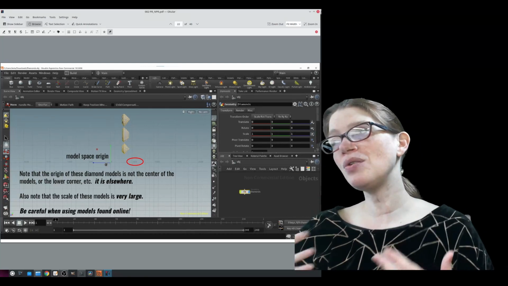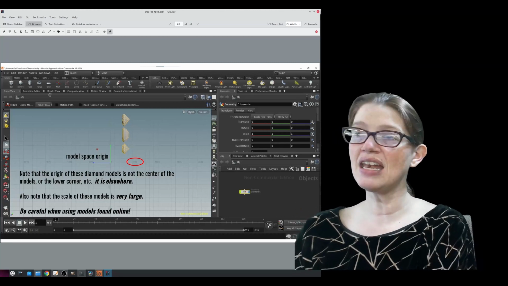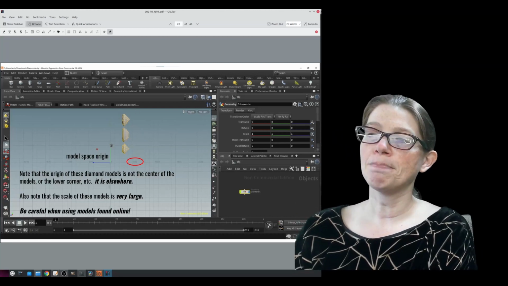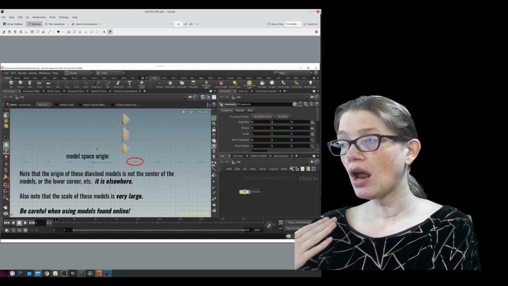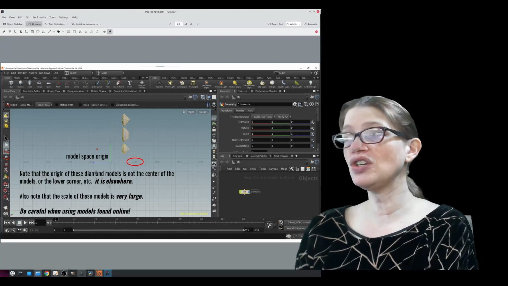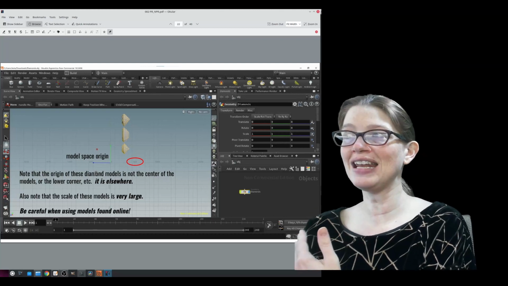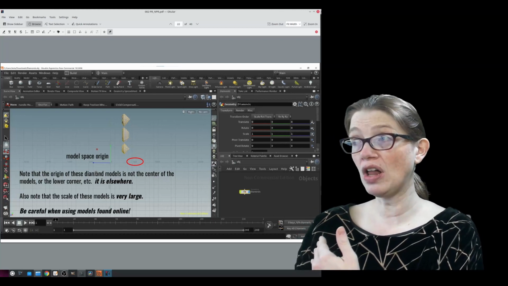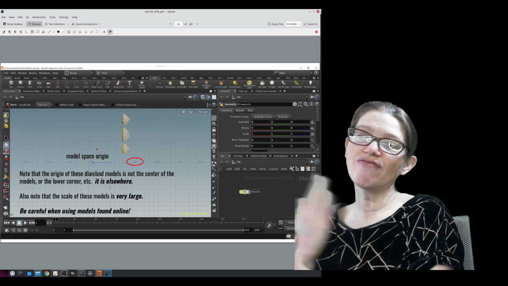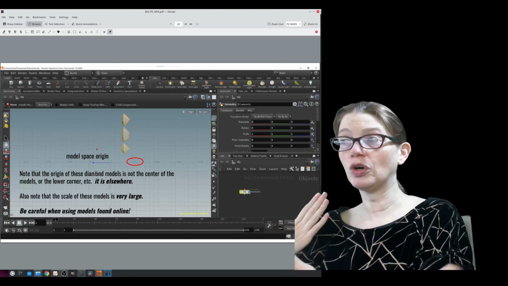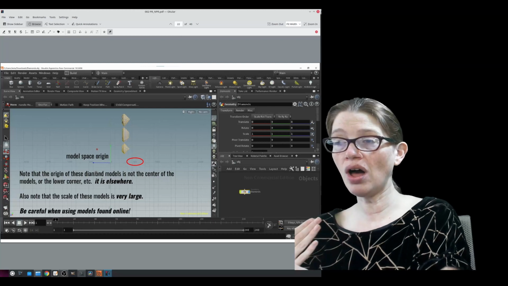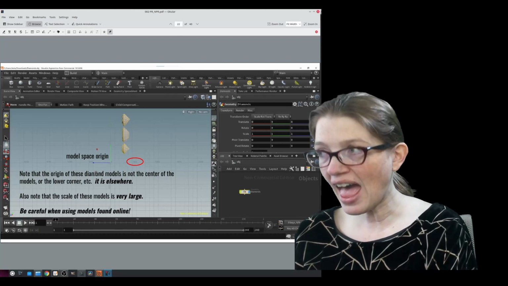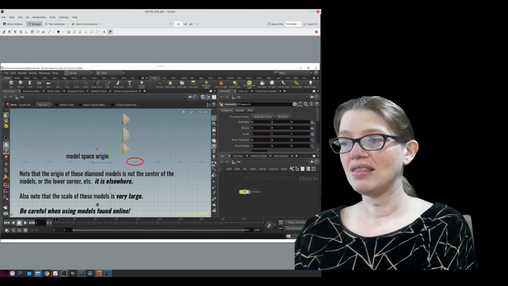And the problem that arises from this is that if I want to translate this forward, because the 000 is not in line with the actual model, if I'm moving this 500 units forward, I may not actually be moving the gems to the position I want, because the gems are not at this position here.